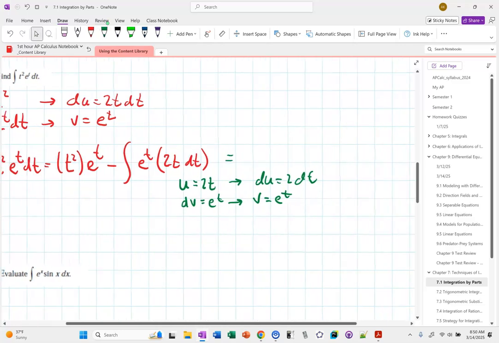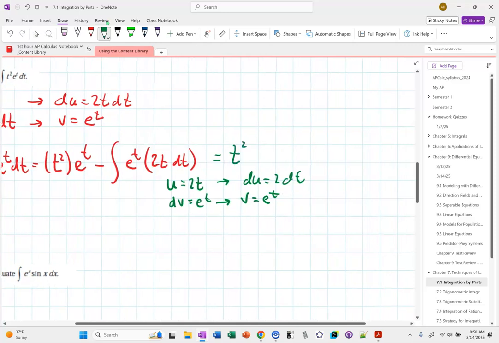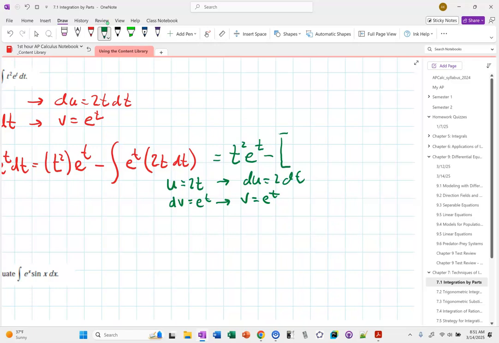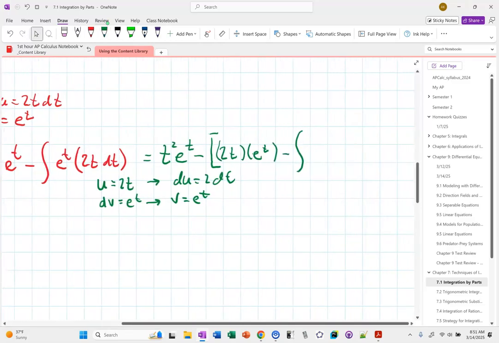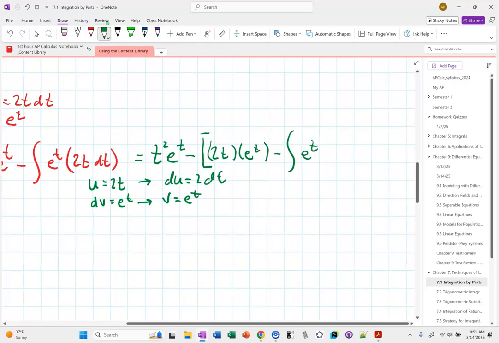So we have then t squared e to the t minus, I'll have u times v minus the integral of v du.